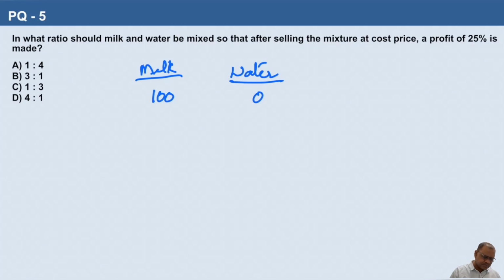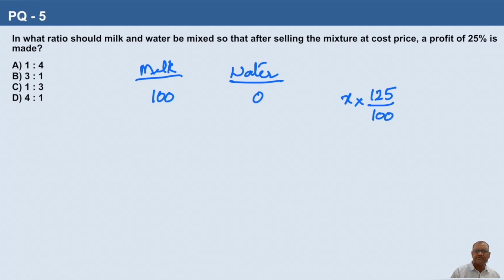Now we don't know the cost price of the mixture. Let us assume the cost price of the mixture as X, and when it is sold, we are getting a profit of 25%. So that means it should be multiplied by 125 by 100.